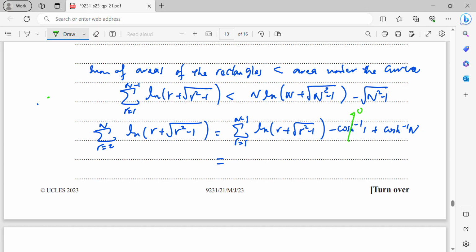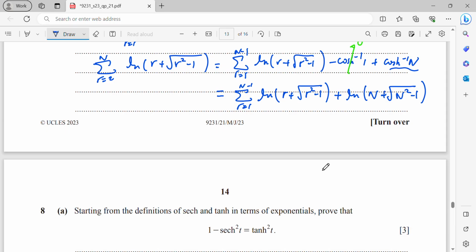Then now I will get summation r from 1 to n minus 1 of ln of r plus square root r squared minus 1. Then for this inverse cosh n, I will just use the definition, which is ln of n plus square root n squared minus 1.